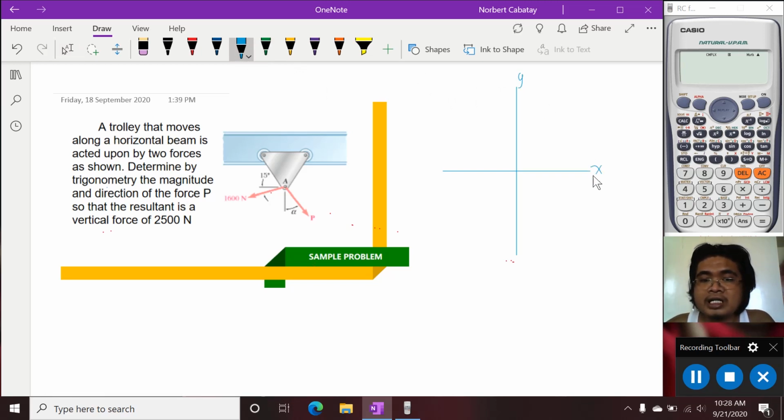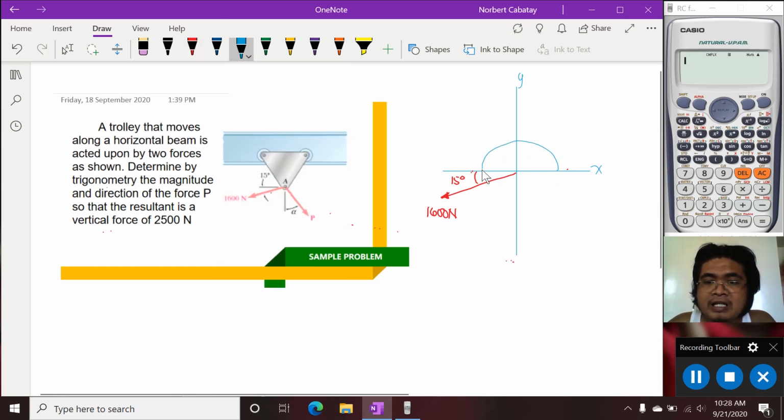In our x-axis, there are two forces acting here. The first one is this 1,600 newtons, acting at this angle, which is 15 degrees. If that is 15 degrees, I can measure it from the positive x-axis at an angle of 180 plus 15, so that will be 195 degrees.